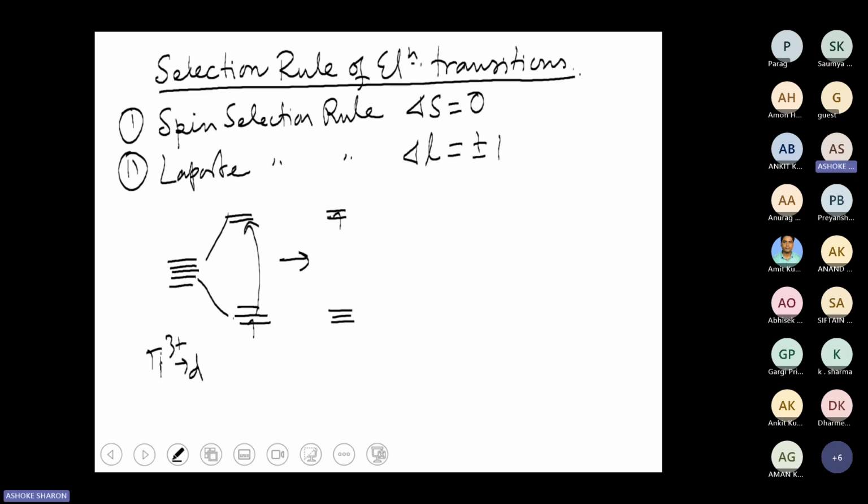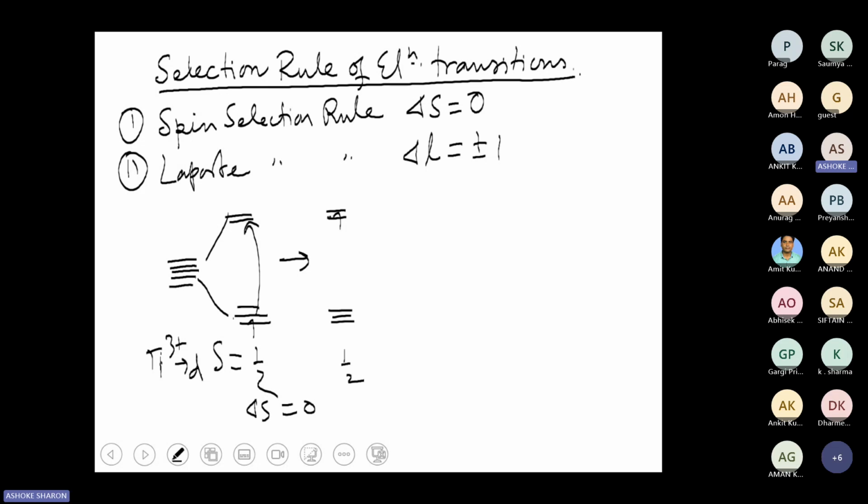Now, if you want to calculate the value of total spin, each electron contributes half. So here is half and here is also half. So what is the value of delta S? That is 0. So this is a spin allowed transition.